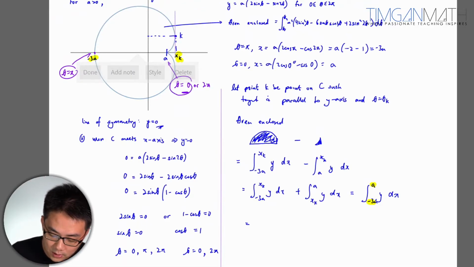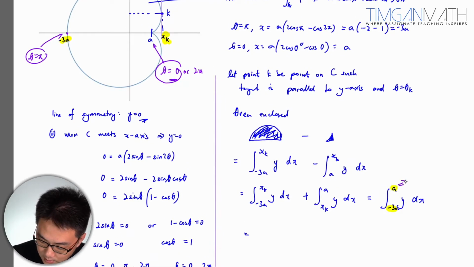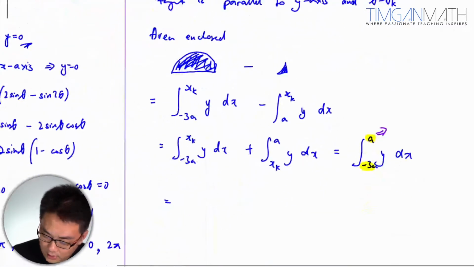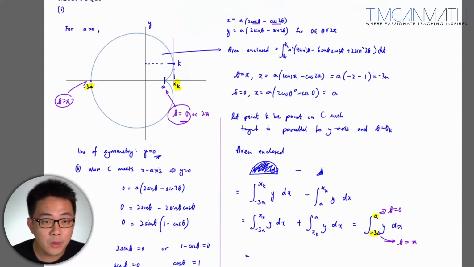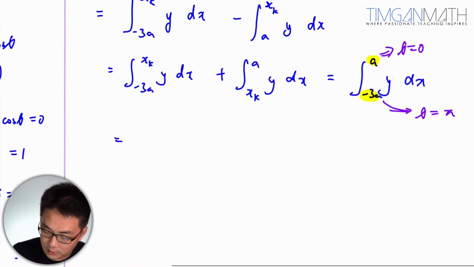Remember this is 0 to 2 pi, so your starting point is important. A is theta equals 0. The corresponding parameter for the other end is theta equals pi. Remember that. So the limits would be pi and 0.